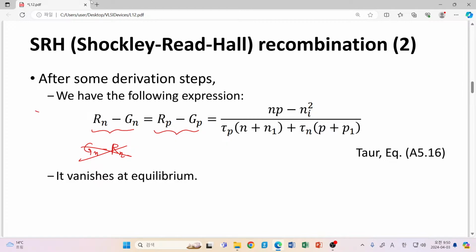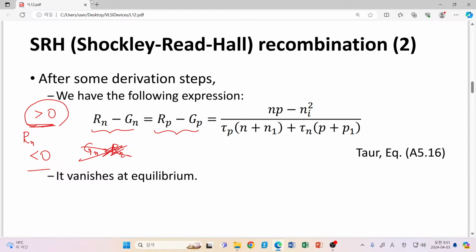If it has a positive sign, what does it mean? It means that Rn is dominant. What is Rn? The recombination of our electron density, the reduction of our electron density. So if this value is positive, then our electron density will decrease, and if it is negative, then we will have a net generation of electron density.